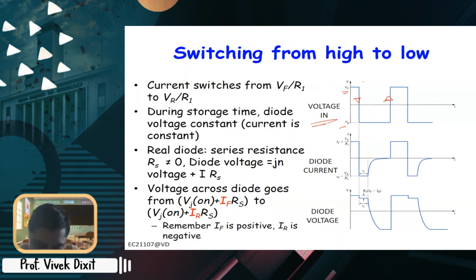So this is the off transient, this is the on transient. During turn off, the diode will conduct the maximum current in reverse bias, VR by R, till the storage time. So that is the storage time. Then the recovery time, the reverse recovery time, and then it has a steady state.